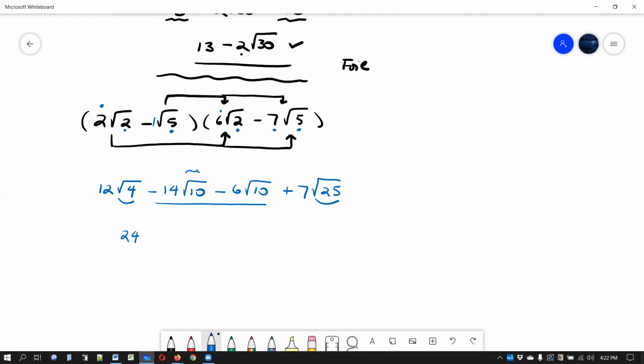These 2 are like radicals. So minus 14 minus 6, minus 20, radical 10. This is 5 times positive 7.